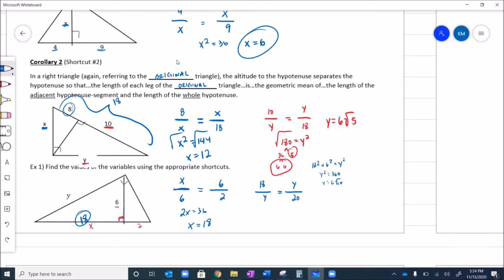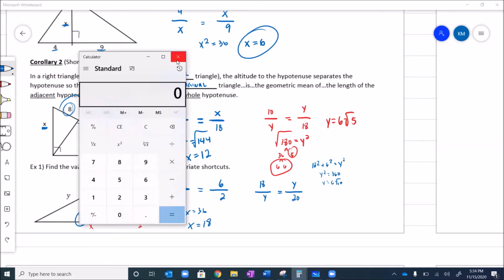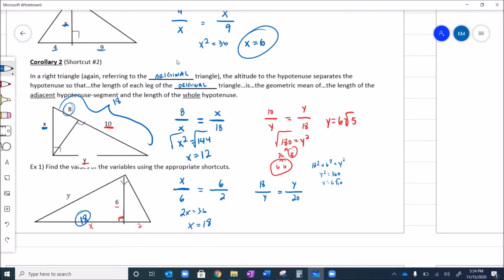So 18 times 20 gives us 360. You'll see that we ran into the same thing. We found that y squared is going to be 360. Whether we use the Pythagorean theorem or the corollary, we come to the point where y must be 6 radical 10.